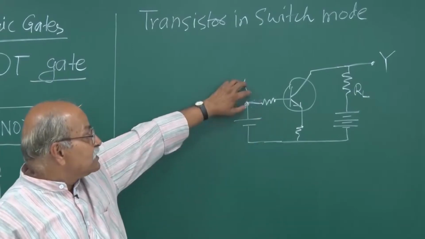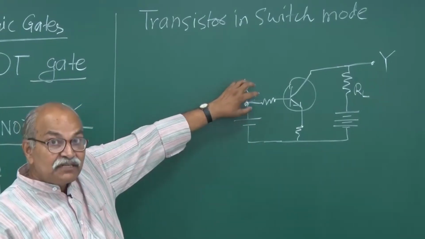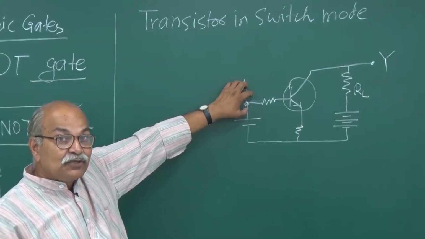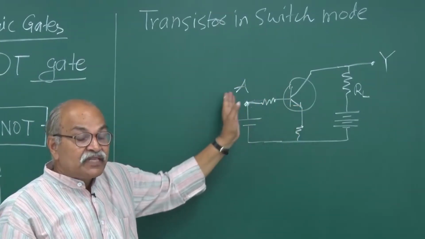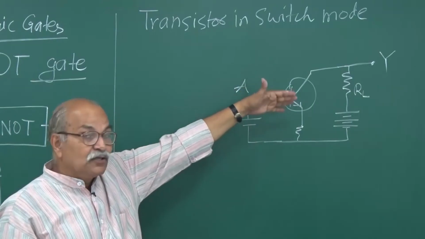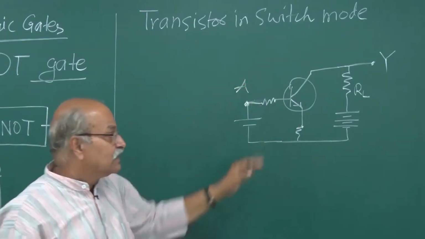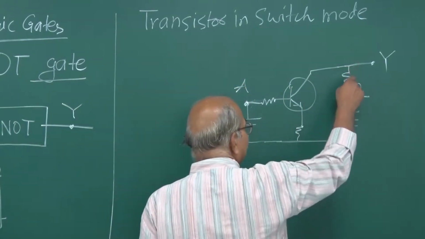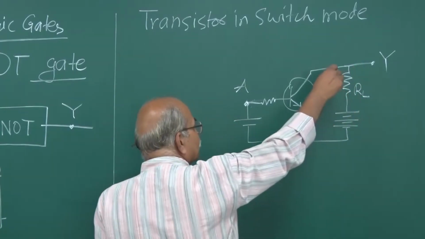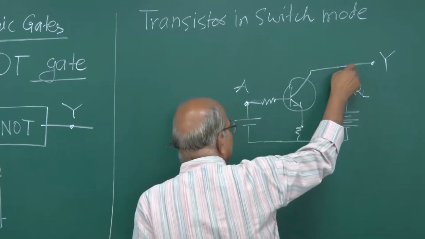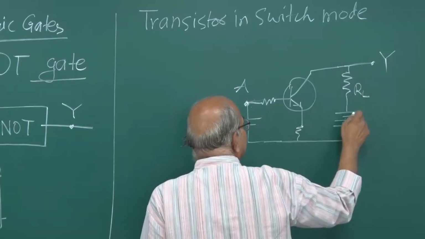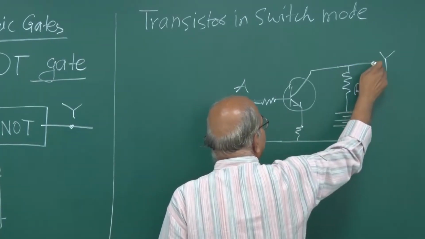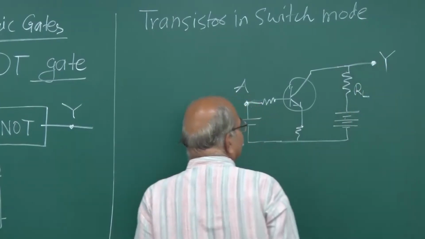If sufficient voltage is given here to drive the transistor into saturation, then the maximum possible current flows, and you have a potential drop here, and therefore this potential is low.